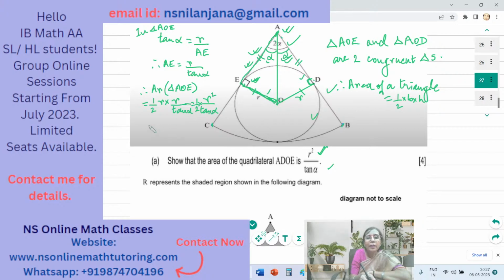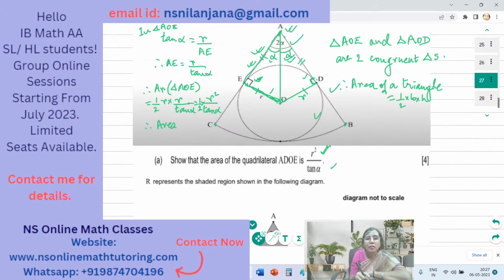Therefore, the area of the quadrilateral ADOE will be equal to 2 times, because the other triangle's area will also be the same.